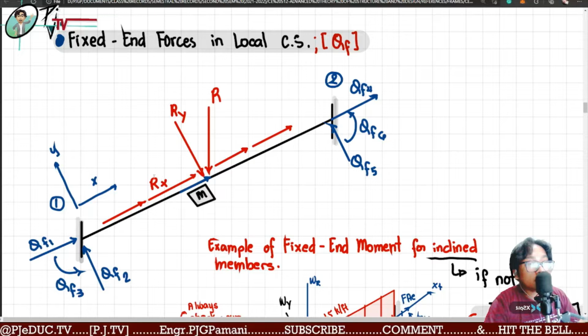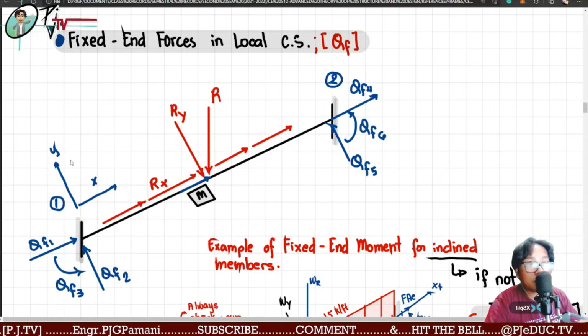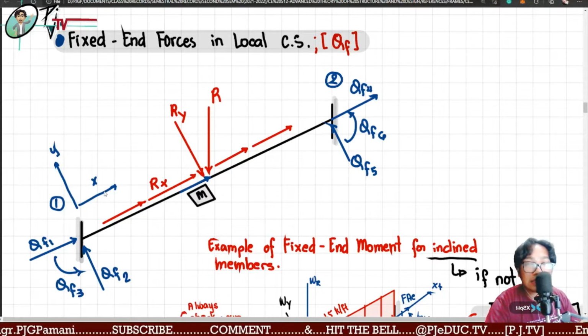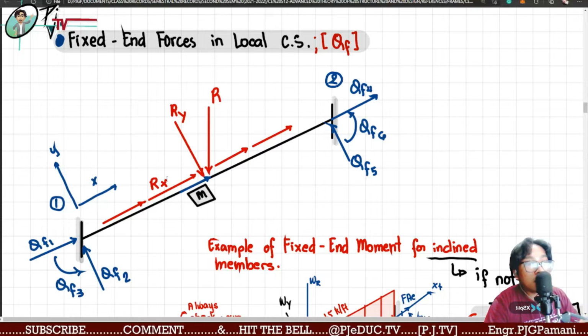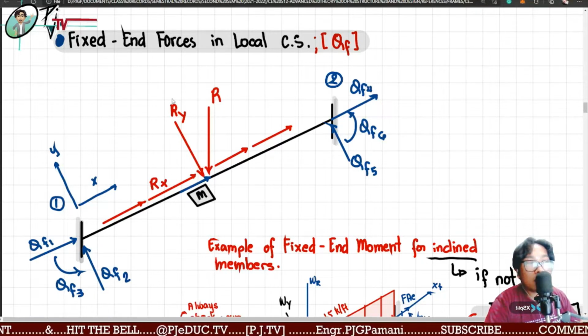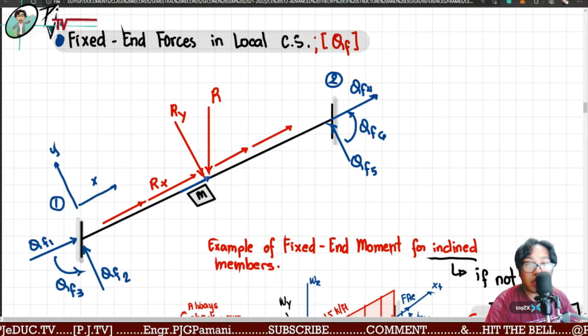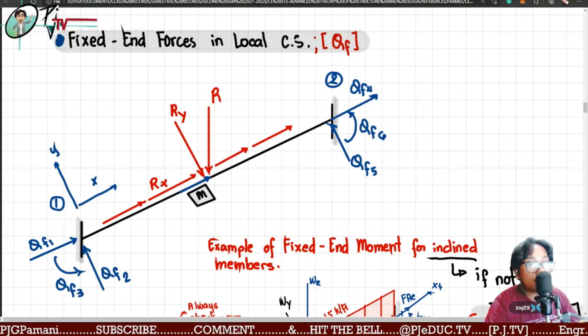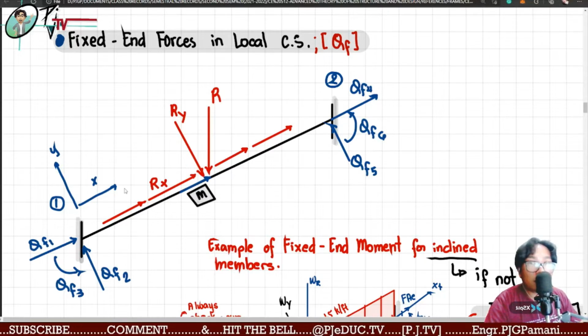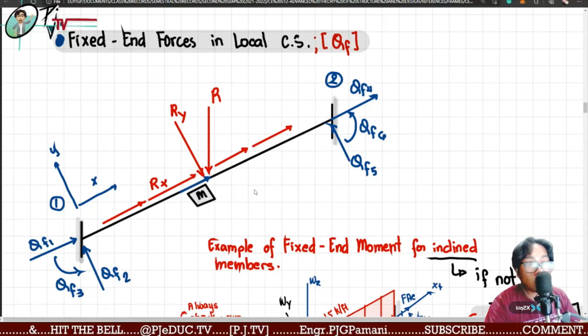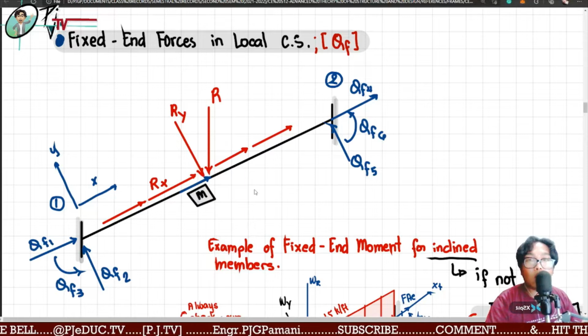So identify first your positive x and y axis, or coordinate axis. Then, halimbawa, meron kang member loads diyan, identify your x and y components of the applied loads. Okay, nasaan yung positive x, nasaan yung positive y. Then plot your end forces and moments, or your fixed end moments, on its local coordinate system.